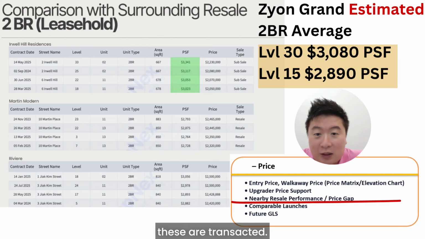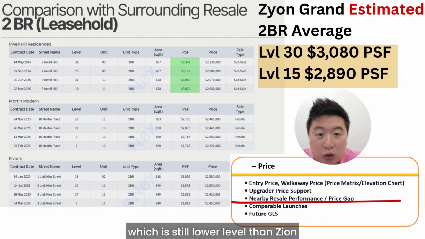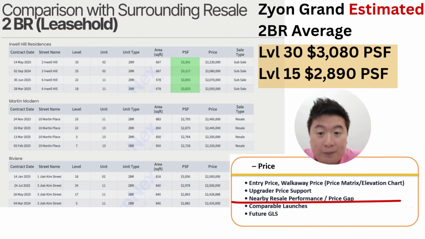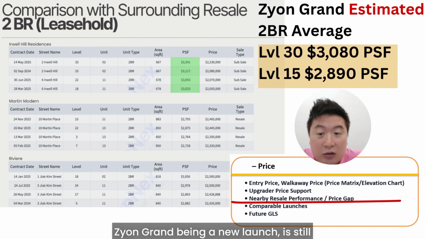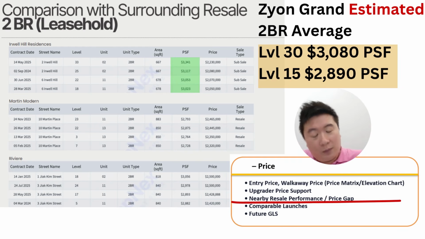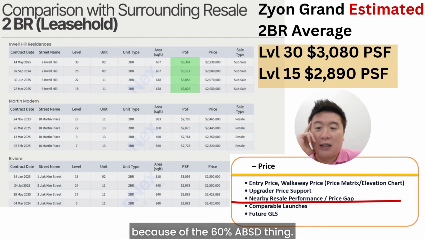There are some figures that are slightly better, your 3023, 3053, but those are like level 18, level 22, which is still lower level than Zion Grand's level 30, which gave us 3080. If I were to compare level 30 versus level 15, Zion Grand being a new launch is still selling lower than Irwell Hill because of that 60% ABSD thing.